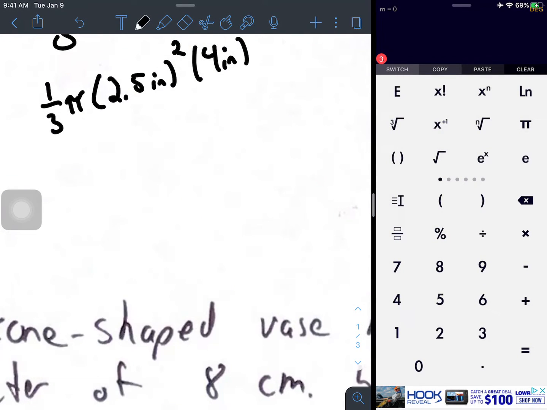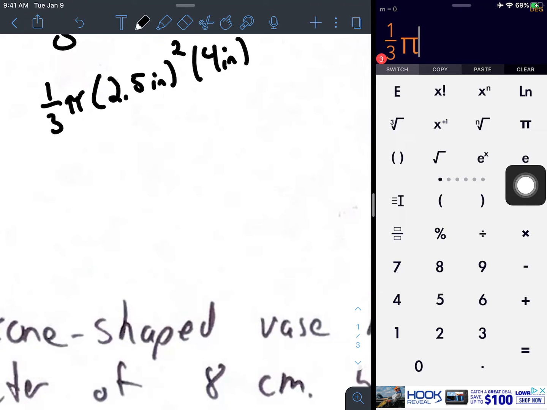So we have a couple buttons that we need to make sure that we are aware of. The first button is down here. This here is the fraction button. So if I type the fraction button in, it now gives me a dividing bar, where I can put 1 in the numerator and 3 in the denominator. Another button that we want to keep in mind is this one right here, this pi symbol.